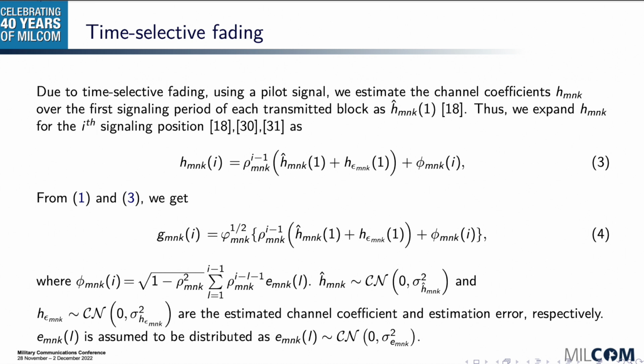As we are representing it at the first signaling point, the third equation is substituted in the first equation and we get g_mnk[i], which you can see in equation 4, where the error term is defined as the square root of 1 minus ρ squared, with the summation of ρ_mnk^(i-l-1) e_mnk[l]. ĥ is the estimated channel coefficient, and ε_mnk is the estimation error. e_mnk[l] is assumed to be distributed as complex Gaussian with zero mean and sigma squared as its variance.